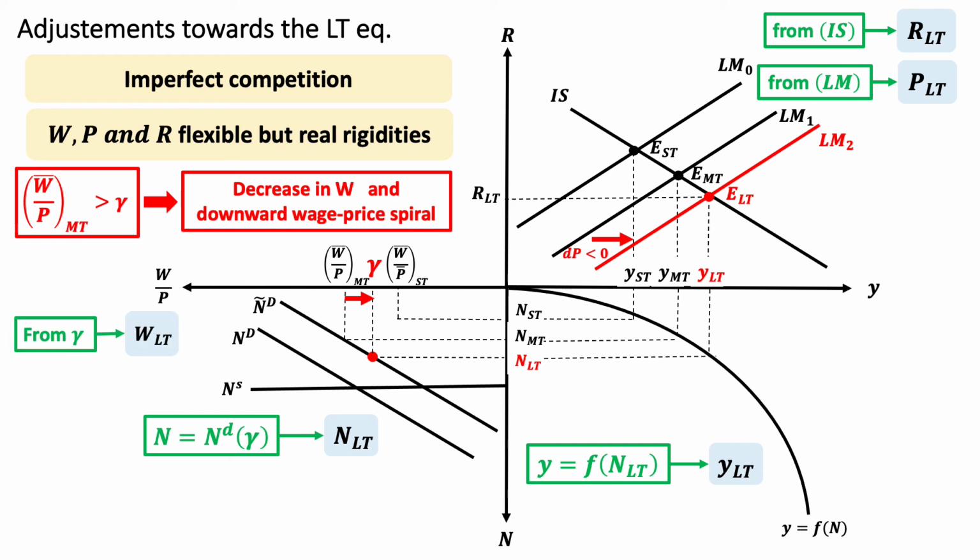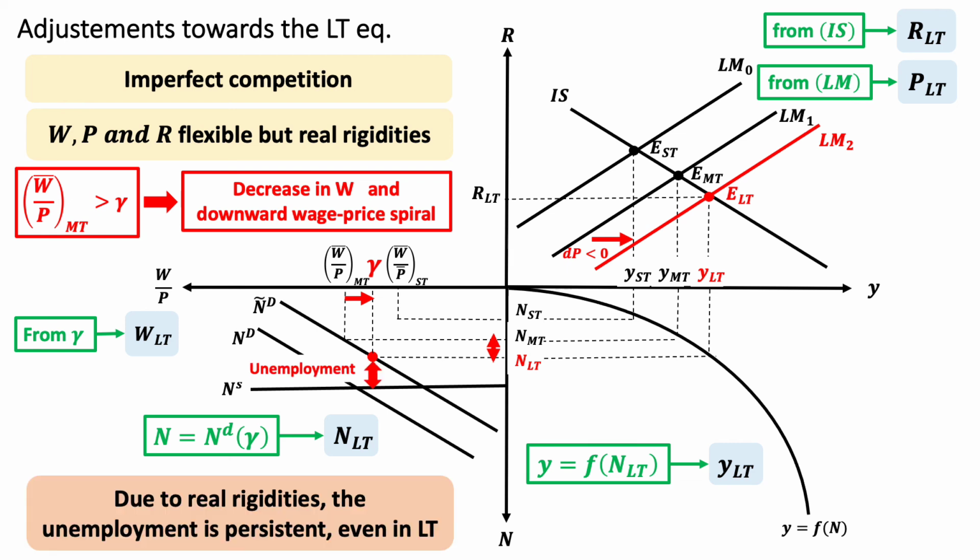Finally, using P star and gamma, we can find the equilibrium level of nominal wages. The level of employment has increased since medium term, but remember, there still is some unemployment persisting in the economy in the long term, because we are in imperfect competition.